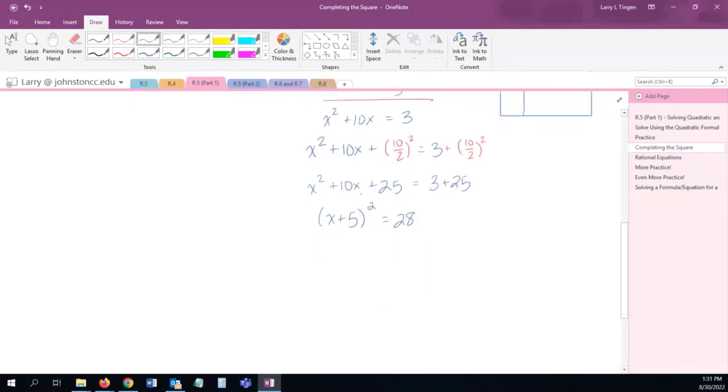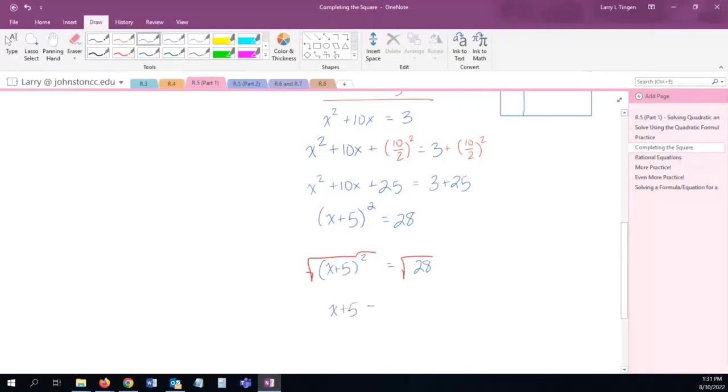Now, this looks like a problem from before, where I have something with x in it squared is equal to a real number. I want to solve this for x, so I need to take the square root of both sides. That square root should extend over the square: the quantity x plus 5 squared, then take the square root.